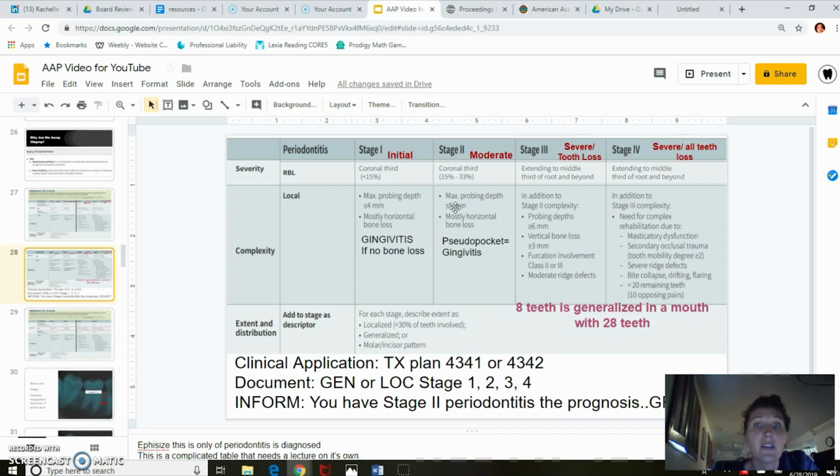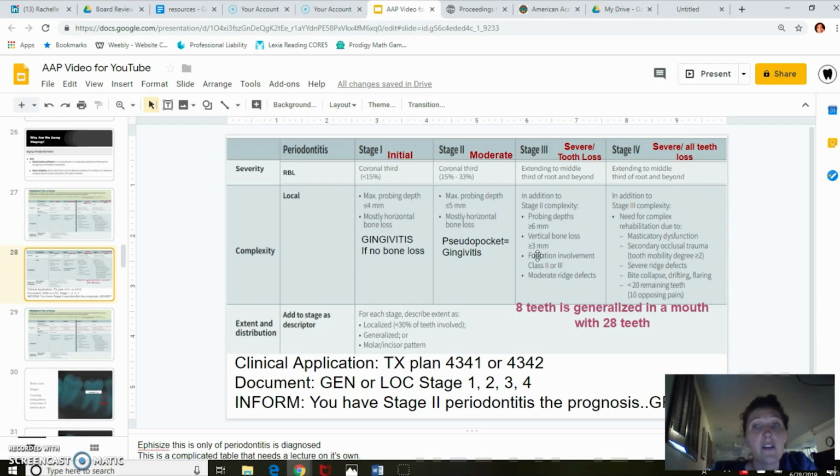Somebody asked once recently, what about if they have a 5 millimeter pocket, but it's a pseudopocket and there's gingival overgrowth? Then no, you do not diagnose stage 2 moderate periodontitis. That is a pseudopocket, and that is still within the level of gingivitis. So this has to be a 5 millimeter or less pocket with horizontal bone loss, mostly horizontal bone loss. So they say there might be maybe some beginning stages of vertical bone loss.